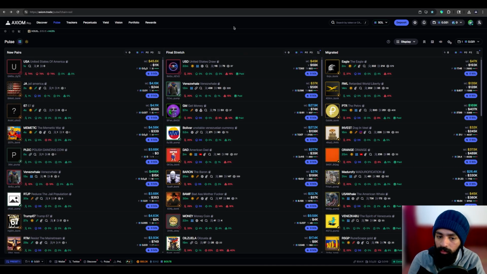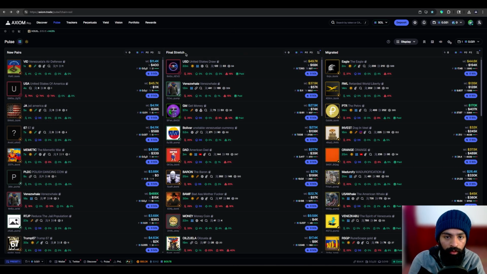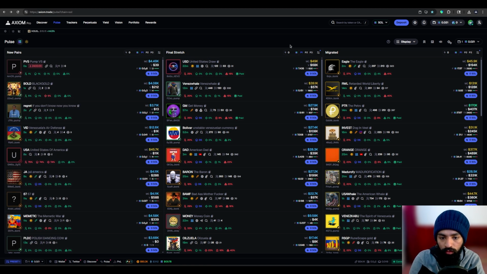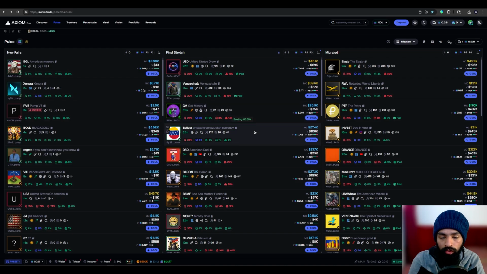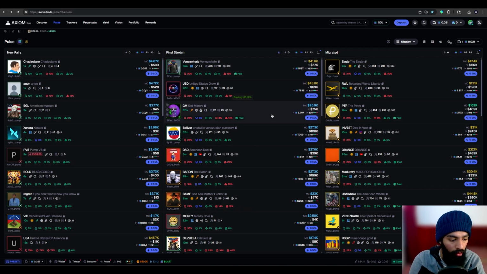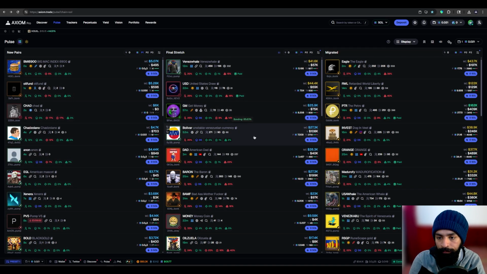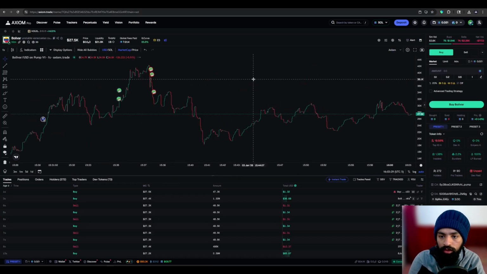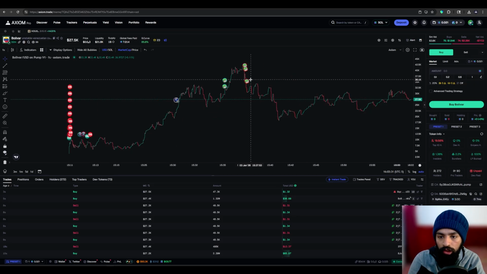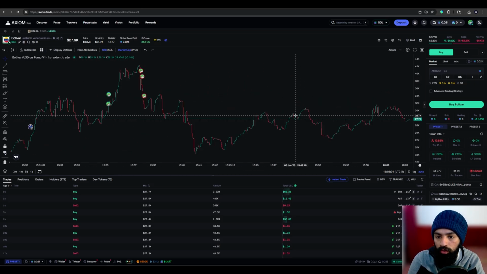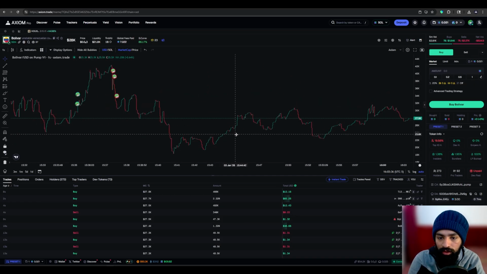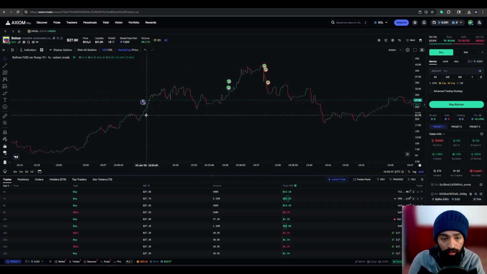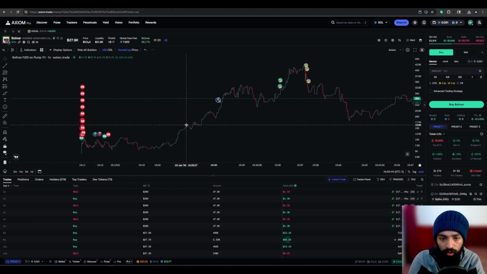So to get the best gains and the best possibility, I usually go to final stretch, which usually works out really well for me. And once you actually filter out the coins you don't want to see on your page, you just start looking into these coins. This one doesn't look too great, because you see these graphs have continuous green candles and then continuous red candles.